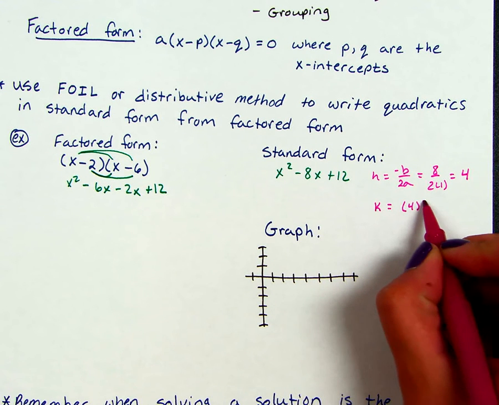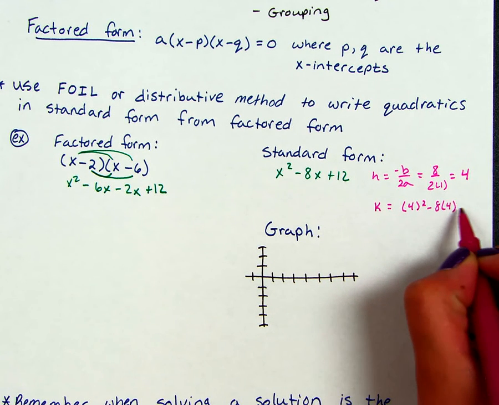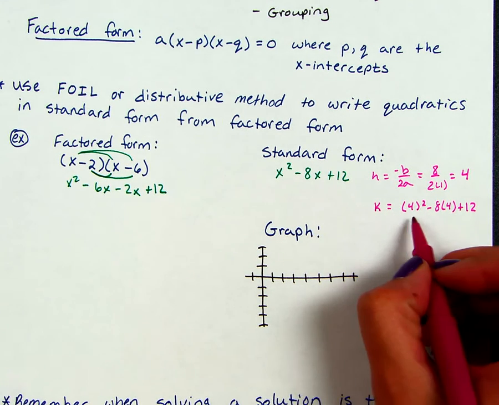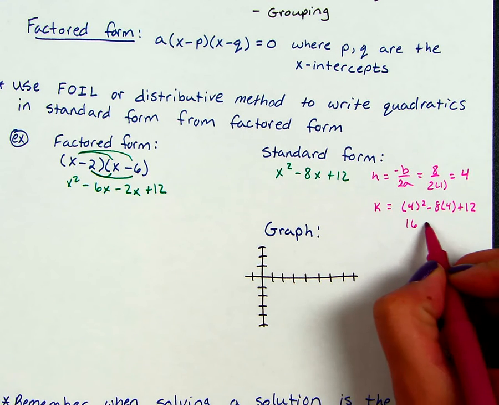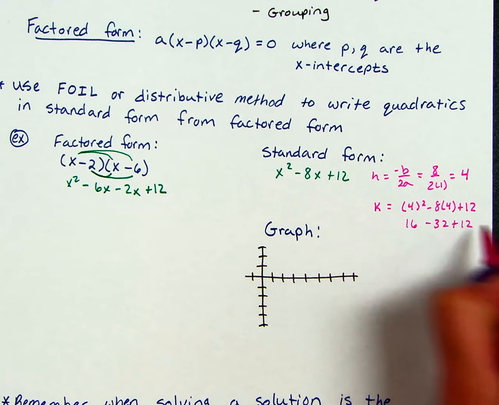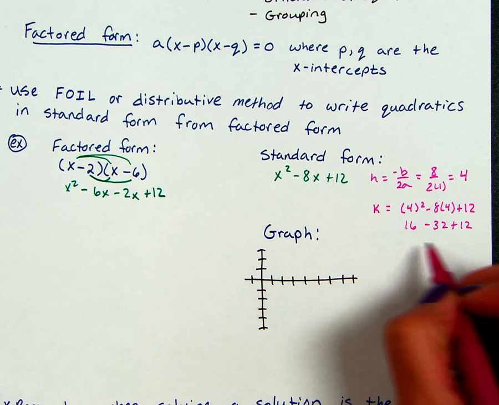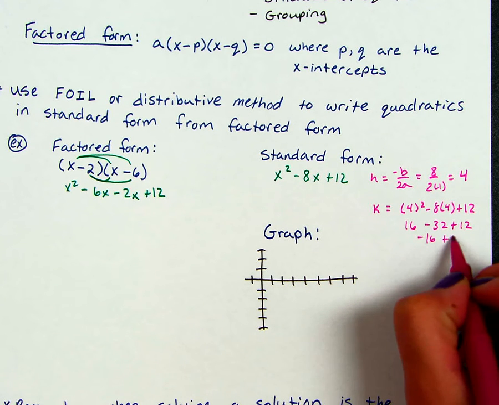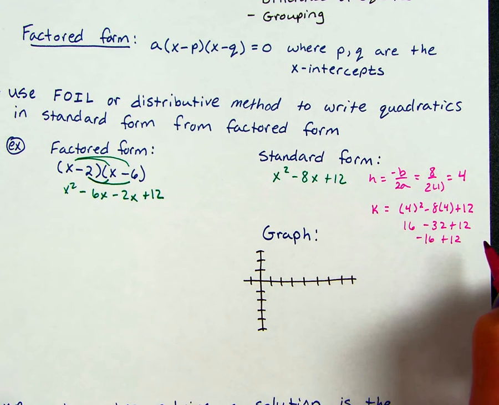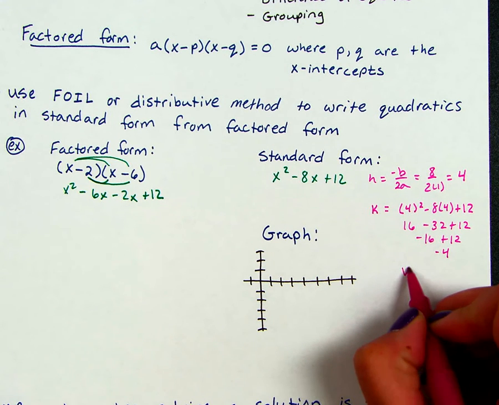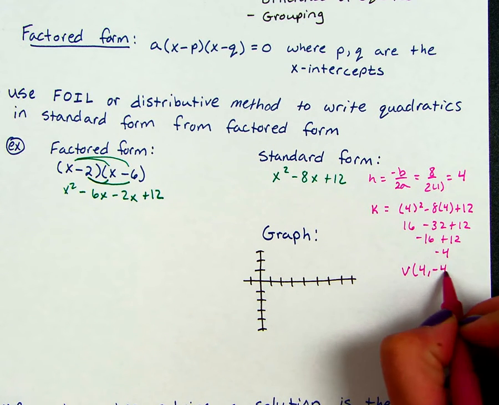So it would be 4 squared minus 8 times 4 plus 12. 4 squared is 16, and then minus 32 plus 12. 16 minus 32 is negative 16, and then plus 12 will be negative 4. So that means our vertex is 4, negative 4.